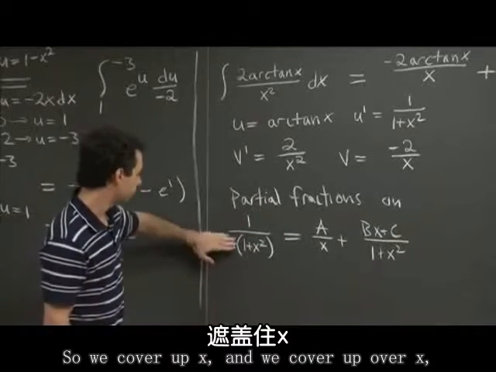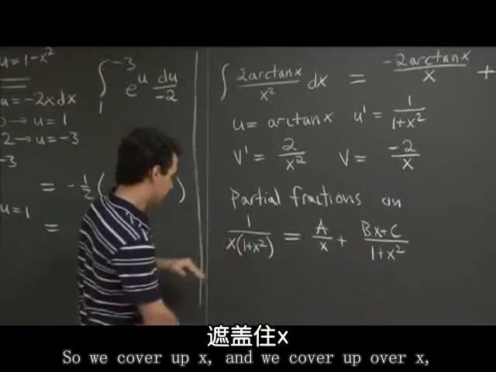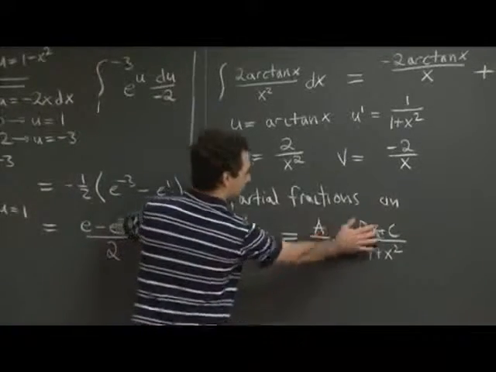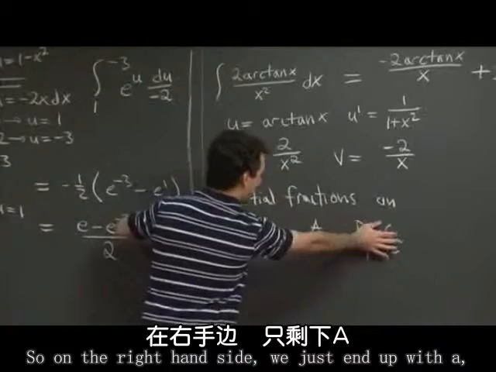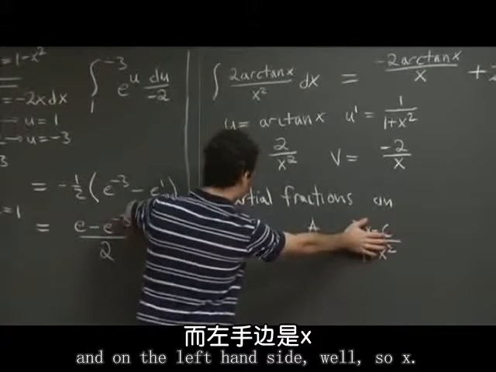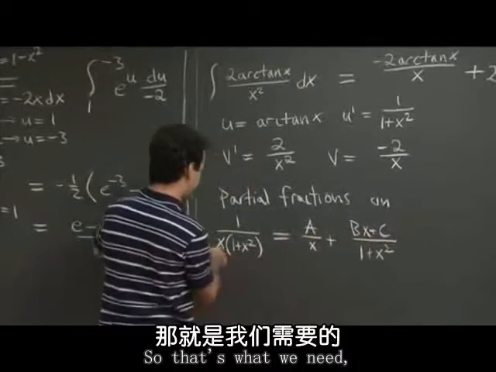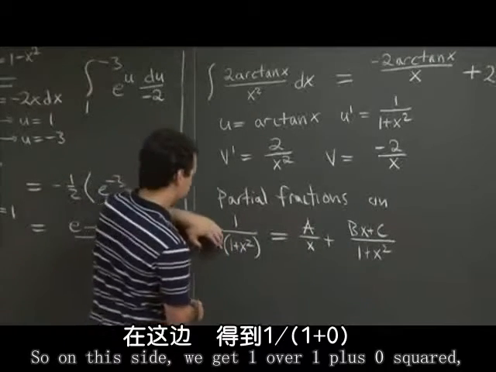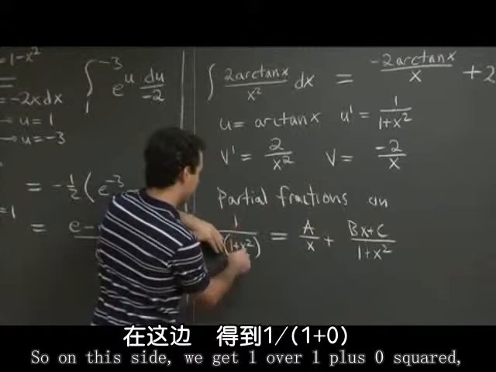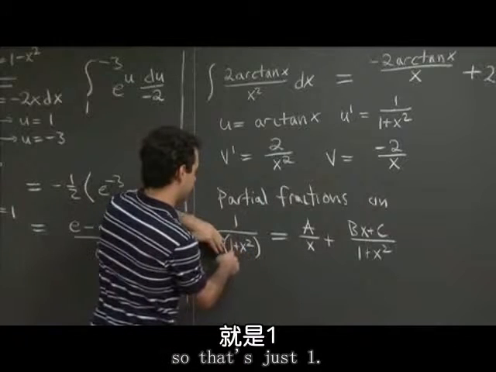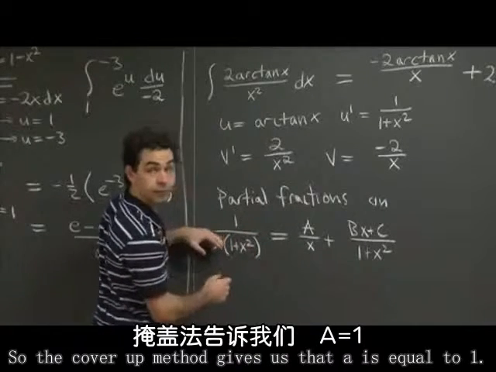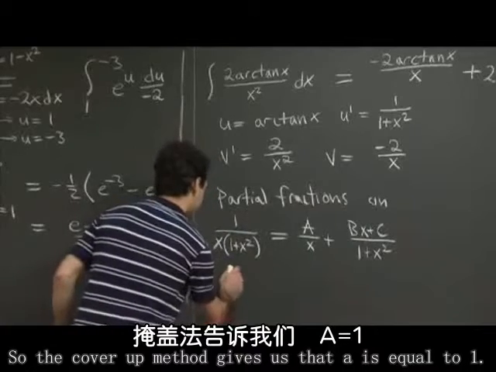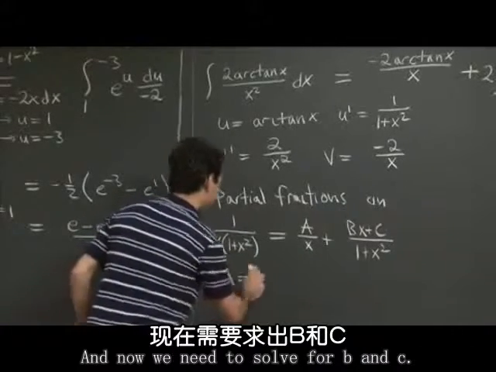So we cover up x, and we cover up everything else. So on the right-hand side, we just end up with A. And on the left-hand side, we get whatever we get when we plug in x equals 0. So on this side, we get 1 over 1 plus 0 squared, so that's just 1. So the cover-up method gives us that A is equal to 1.